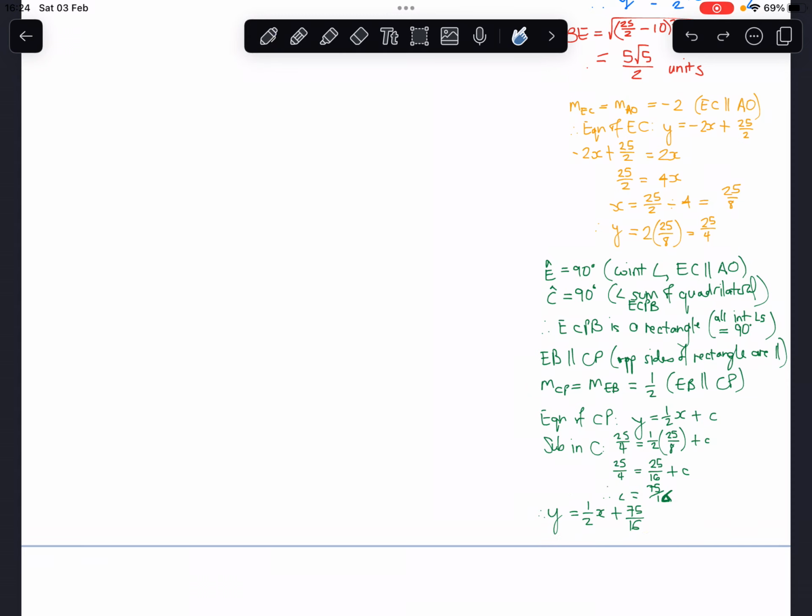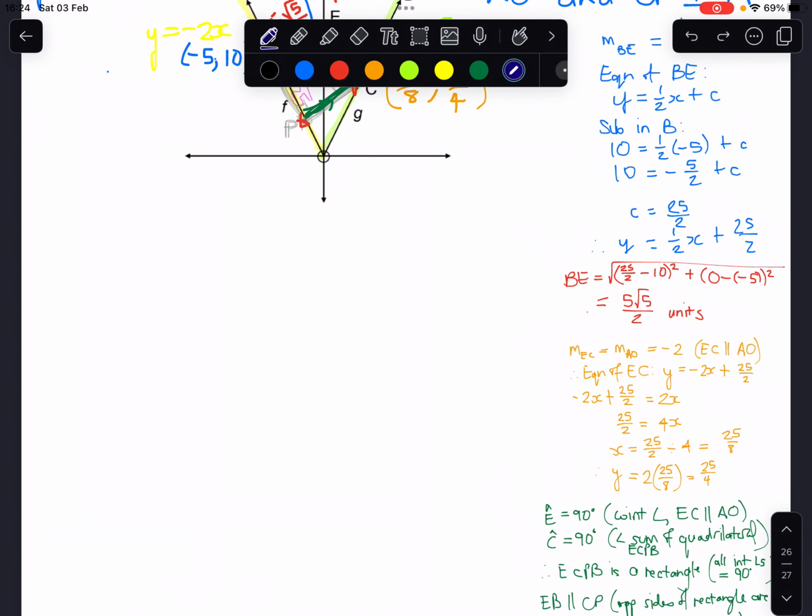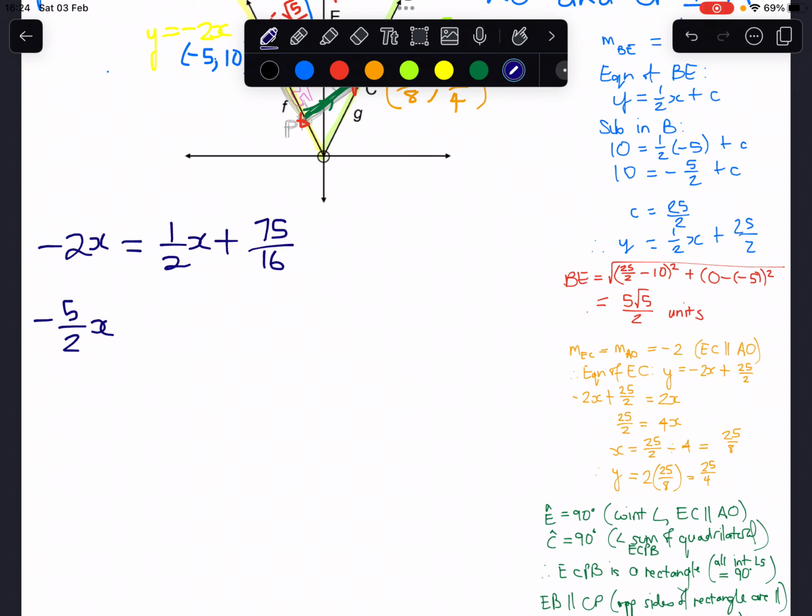So we're going to say negative 2x is equal to a half x plus 75 over 16. So that is negative 5 over 2 x, right? If I subtract half of x on both sides. Right, and then we just divide both sides by negative 5 over 2.